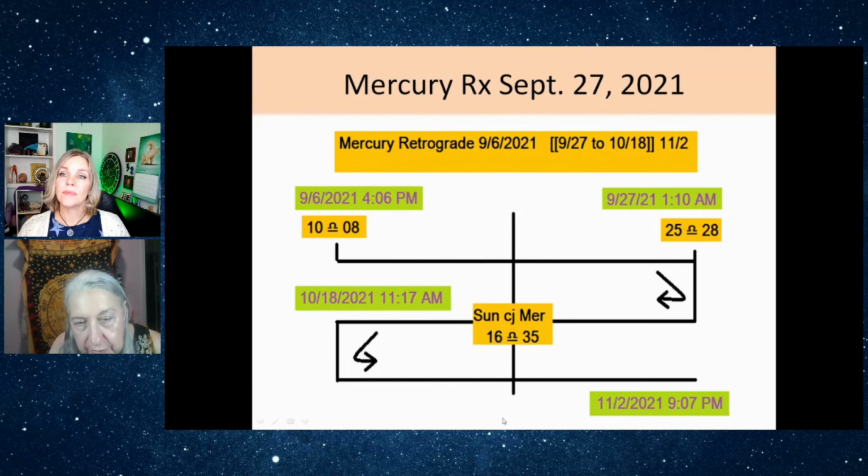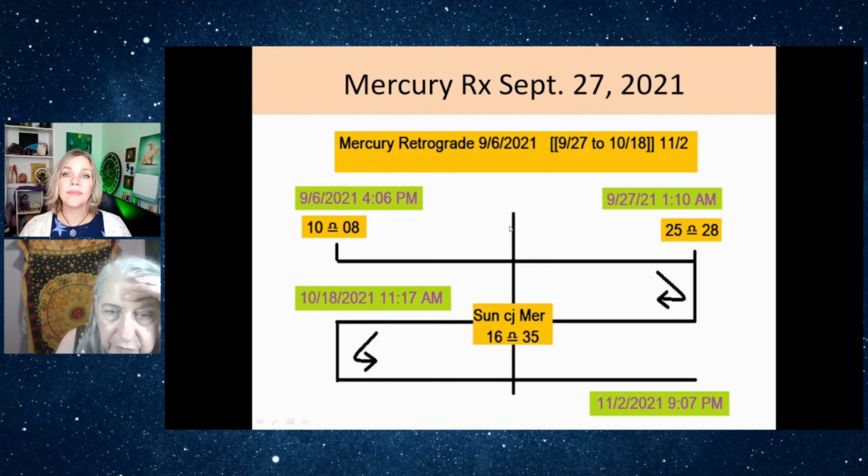Now, I'm also showing you that special point in the middle of the retrograde cycle where the sun is conjunct Mercury and you get your new instructions. We're going to talk about that conjunction and the end of the cycle in the second video. Today, we're going to talk about the process of it going retrograde.